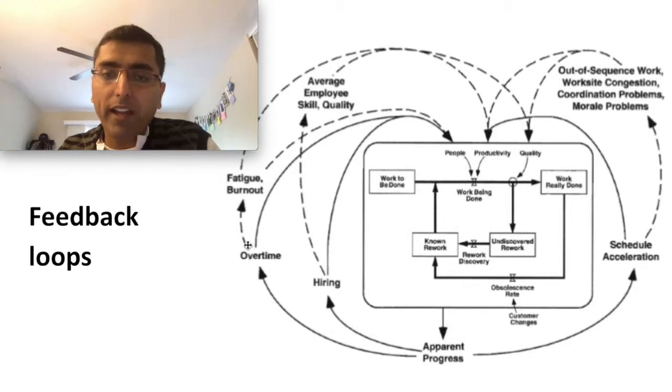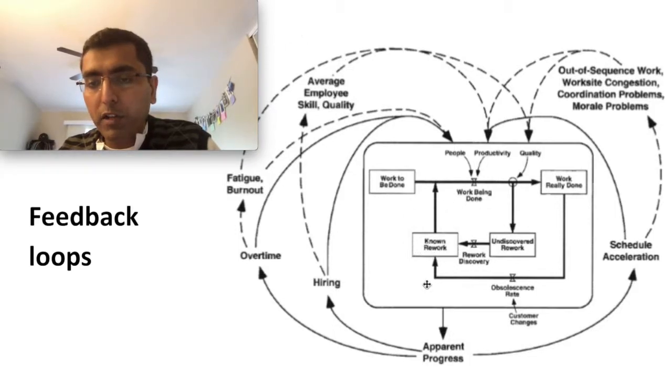They had to work overtime. Even their hiring had a huge issue. So there was a direct impact of known rework, but there were a lot of indirect impacts of known rework. So they created a model and simulated various impacts and costs of this new work that was being added because of customer interference.